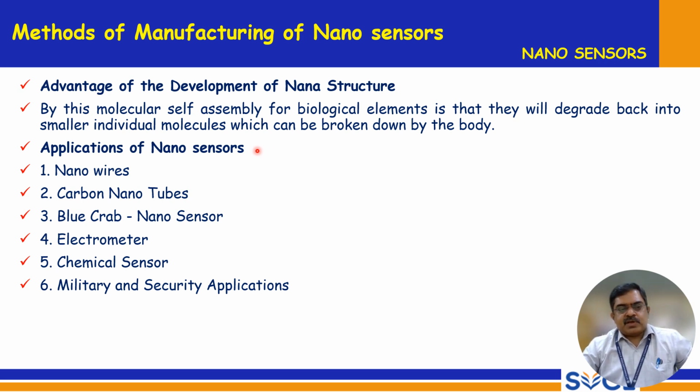So the applications of nanosensors are nanowires, carbon nanotubes, blue crab nanosensor, electrometer, chemical sensor, and military and security applications. So these are all the applications of nanosensors, and in future we are going to have more nanosensors across almost all instruments and gadgets. So that is about nanosensors and MEMS.